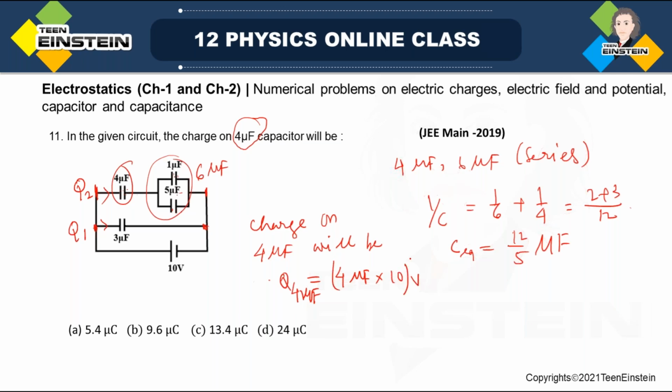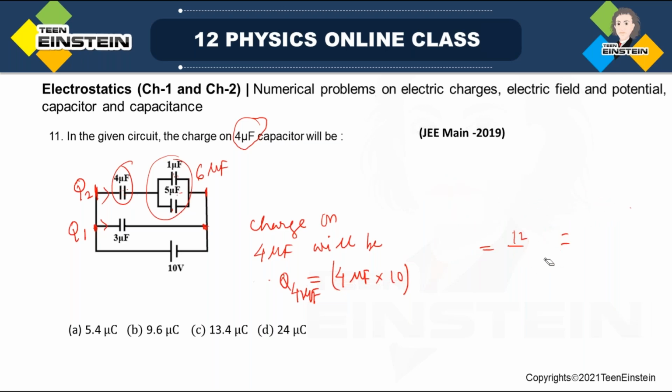I hope you will be agreeing with me, because Q is equal to C into V. And why we have taken only 4, as you have the other parallel combination of 5 and 1 microfarads also? Because we know this Q2, which is flowing through the whole branch, will be the same. So that's why I'm just directly multiplying C into V to get the charge. So this is 40.